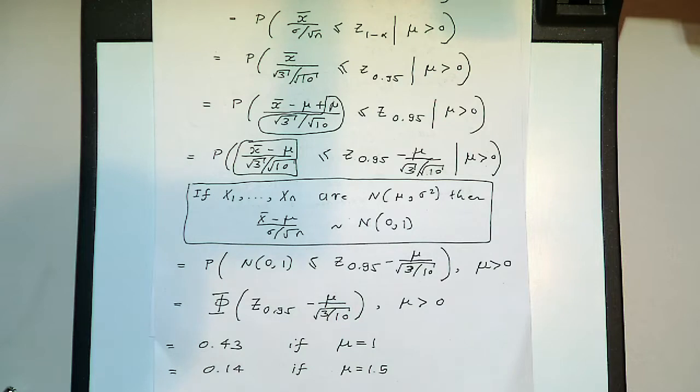Now part 3. Part 3 of question 2 is asking you how large the sample size would need to be in order for H0 to be rejected in favor of H1.